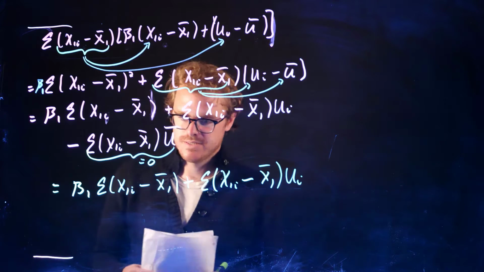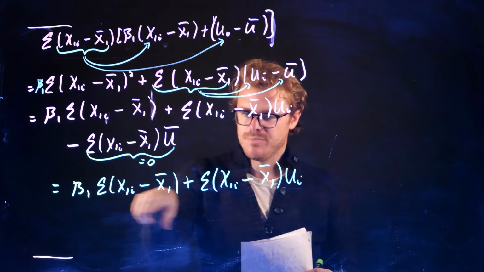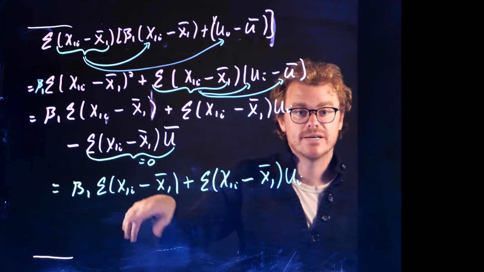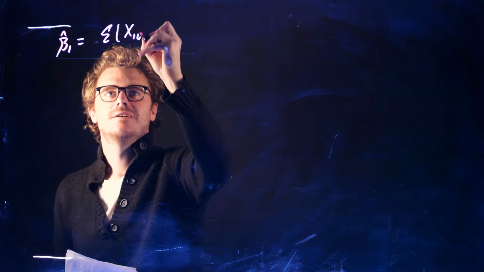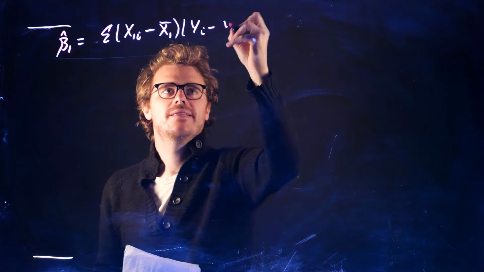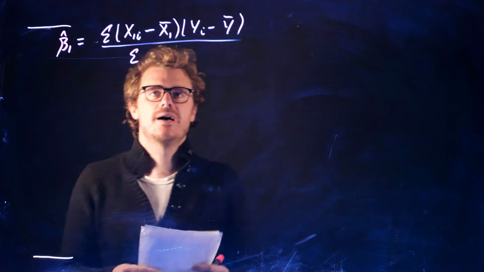All right, so we've transformed the numerator to look like this, and we're going to plug that back into our beta hat 1 formula and simplify. Okay, so we figured out what that numerator looks like, but let's first rewrite the formula for beta hat 1, and then we can plug in what we just solved for with this numerator.